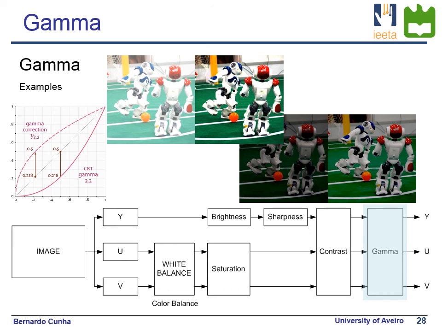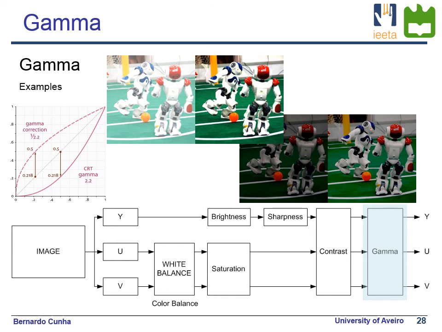On the other side, for instance, you can apply a gamma correction which is different. This has an exponent of 1 divided by 2.2. In this case, the exponent is 2.2. And in this situation, what you do actually is to increase the gain on the brighter sides and decrease the gain on the darker sides.